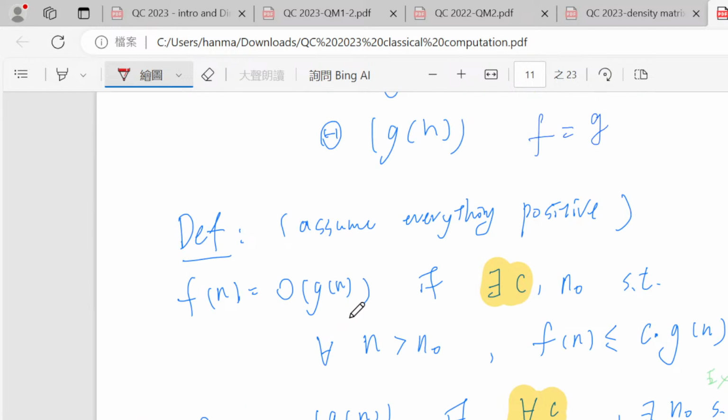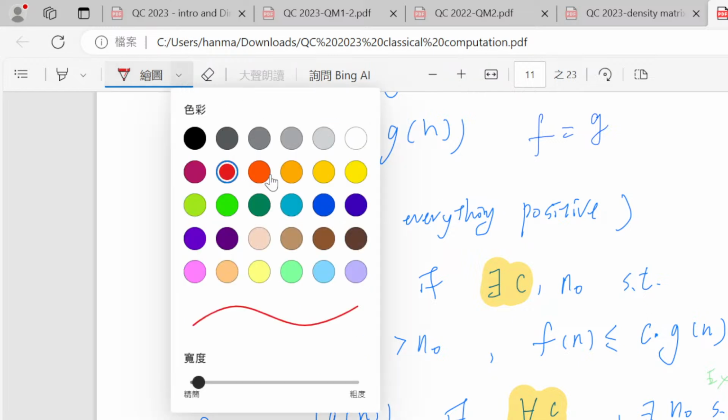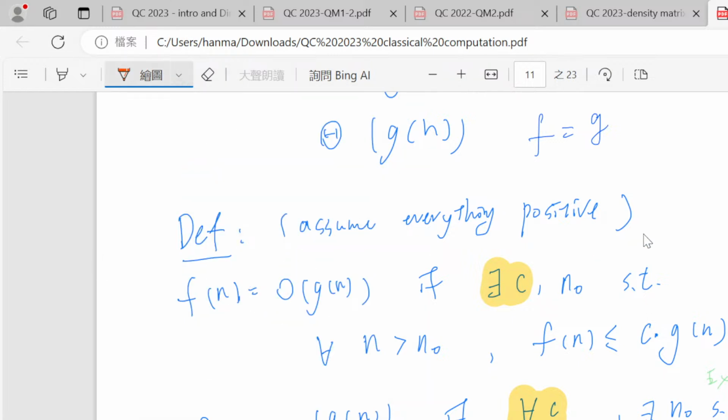I didn't write a limit in the definition here because, although you are inclined to write the limit of f divided by g equal to c, the trouble is this limit might not exist.